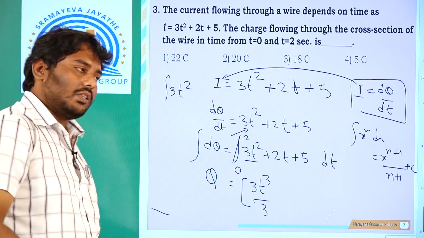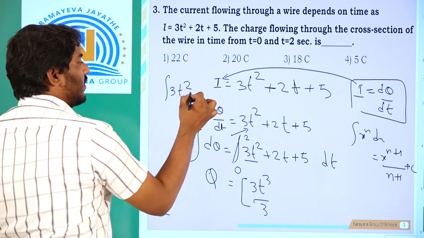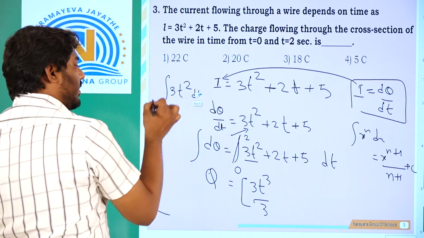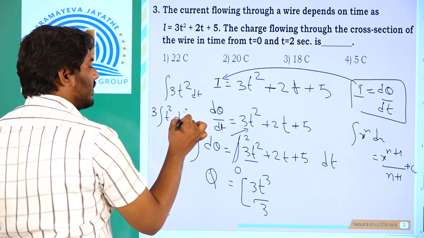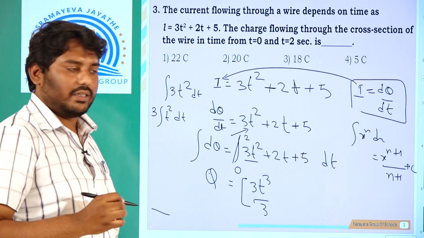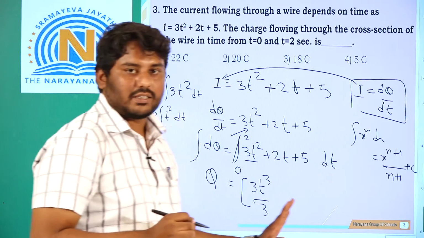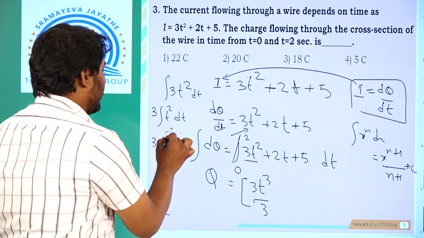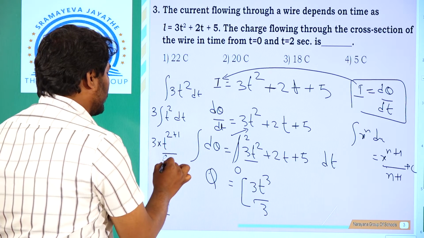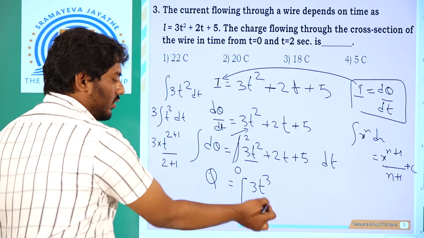As 3 is a constant, we'll write 3 outside. I'll be left with integral t square dt. From this formula, I simply get 3 into t power 2 plus 1 upon 2 plus 1. This is how I got this.